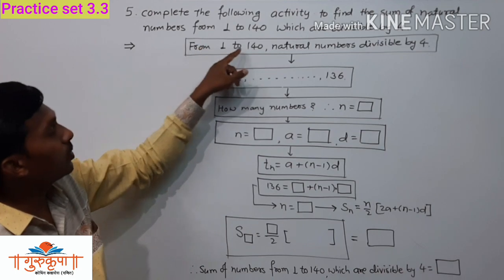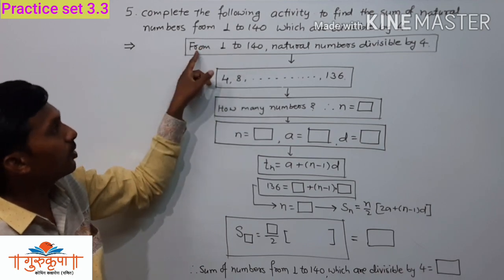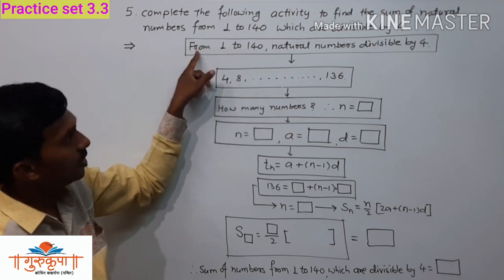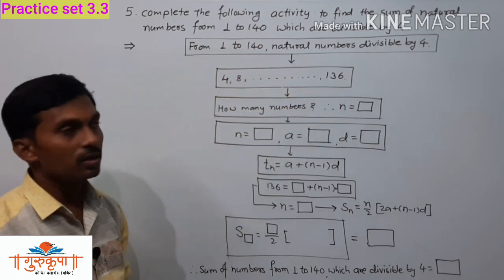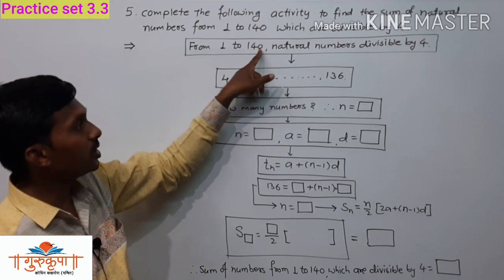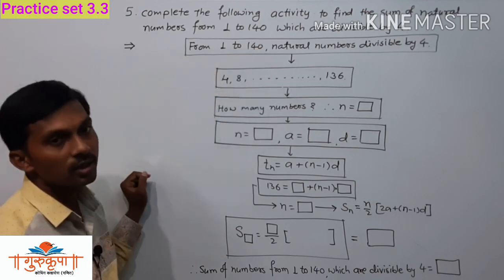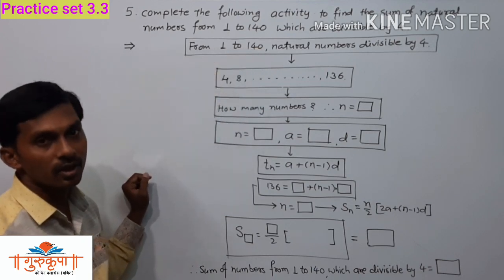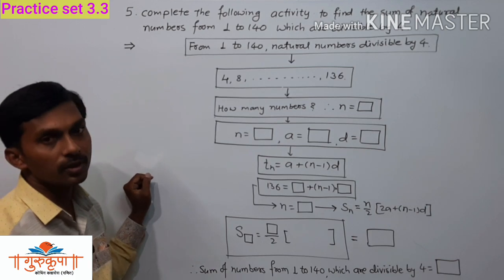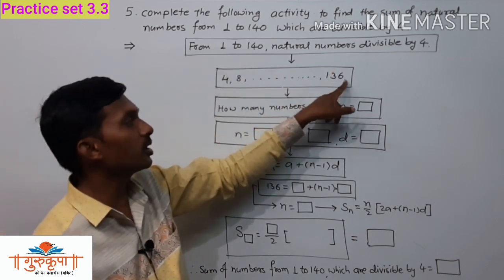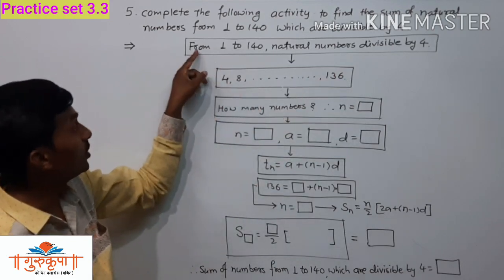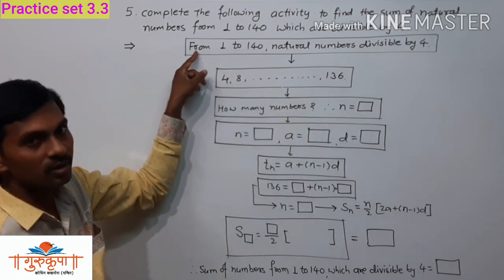Here, from 1 to 140, if we take the word from, then we have to include 140 also. So we have to include this number 140 if the word from is there.